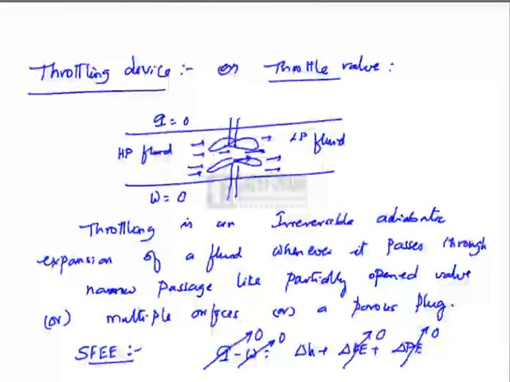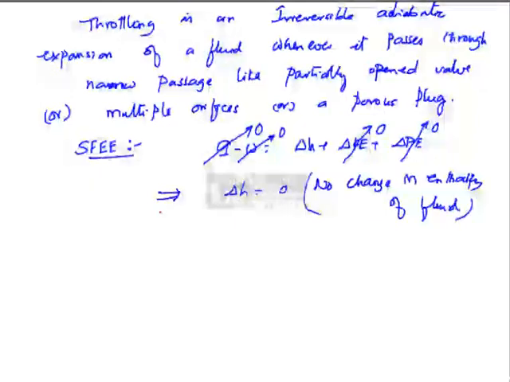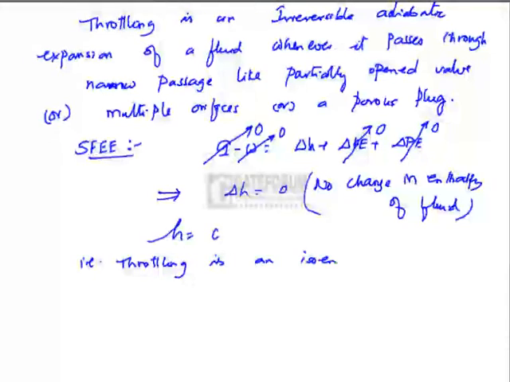The velocity of the fluid remains constant, no change in KE, implies finally delta H would become 0, no change in enthalpy of fluid in throttling process, that is H is constant, that is throttling is an isoenthalpic process.